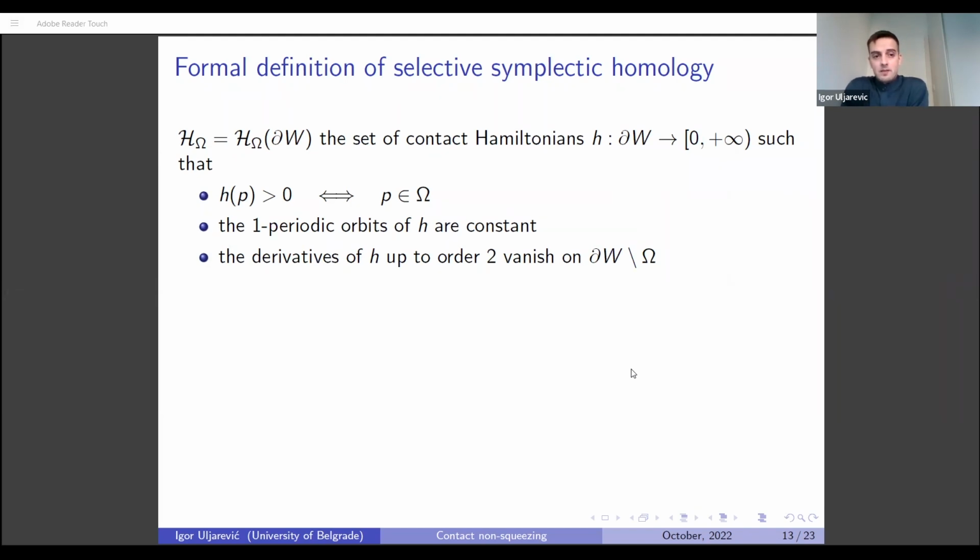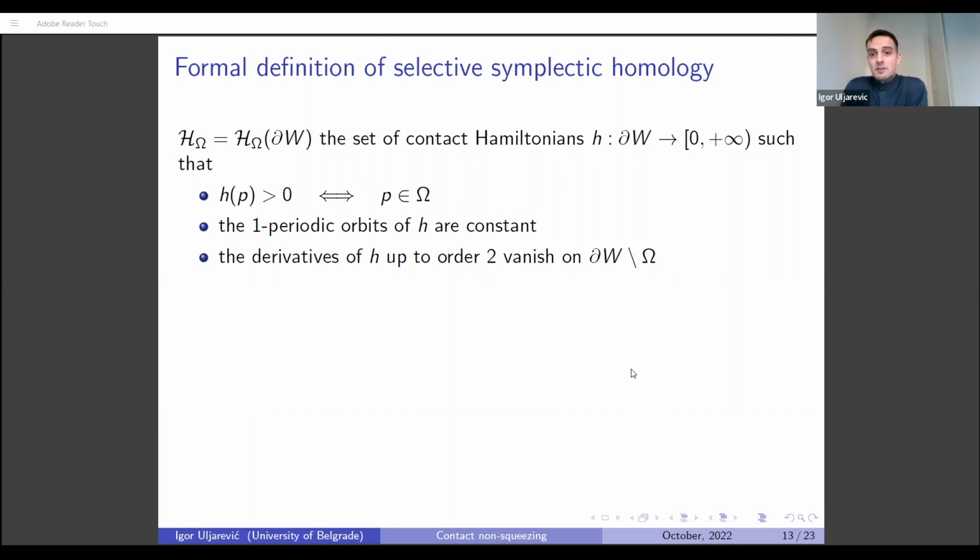Very often, this third condition is implied by the other conditions. For instance, if the complement of omega is equal to the closure of its interior, then the third condition is not necessary.